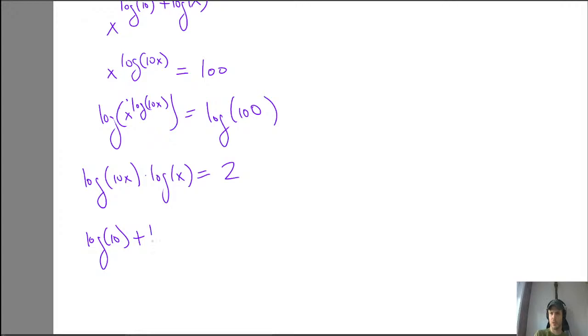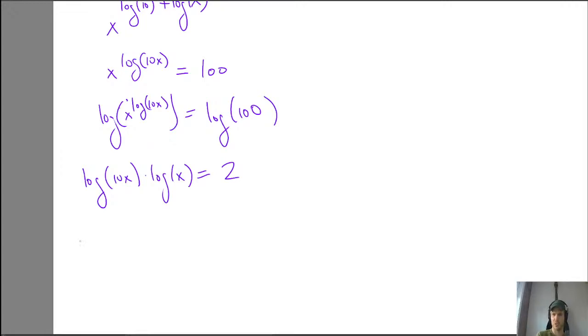Plus log. No, I don't want to do that. Dang, this is hard. It's the same problem. It keeps coming out.